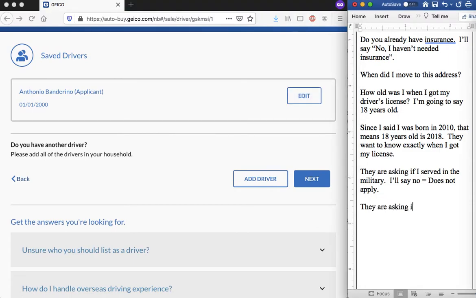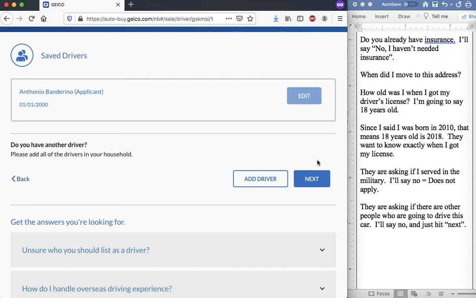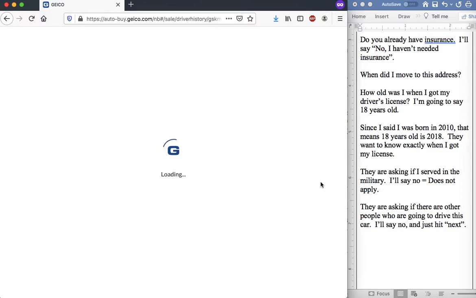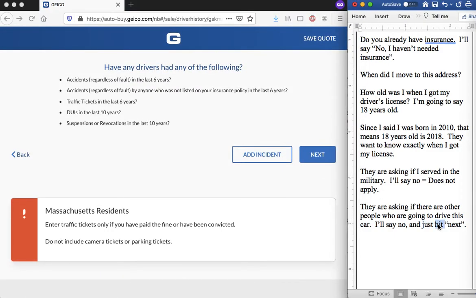They are asking if there are other people who are going to drive this car. I'll say no. And just hit next. They're asking if I have been in any accidents.